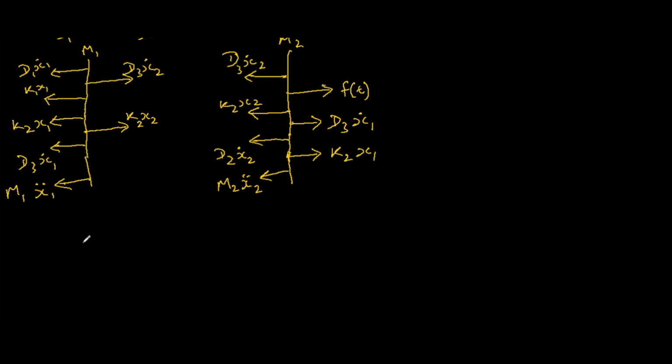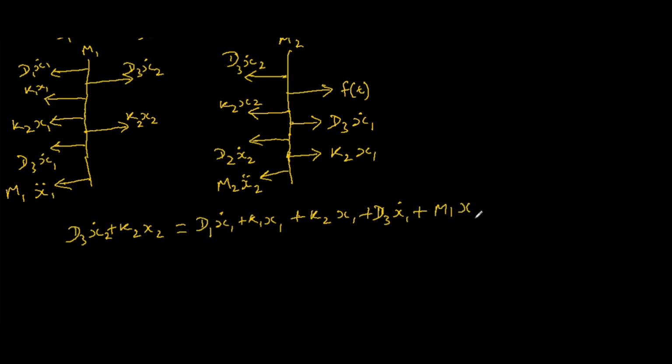So you have D3 X2 dot plus K2 X2 is equal to D1 X1 dot plus K1 X1 plus K2 X1 plus D3 X1 dot plus M1 X1 double dot. We could have written this minus all of that is equal to 0, but I could also write it this way.